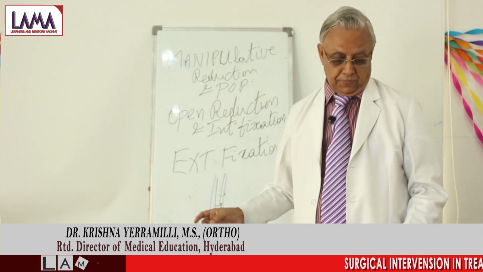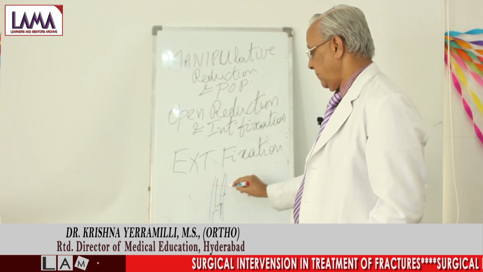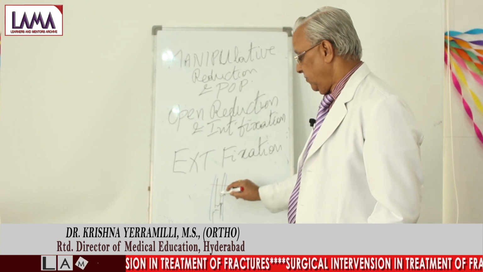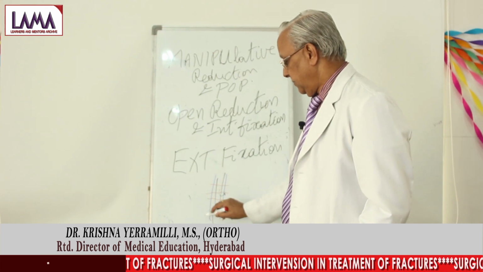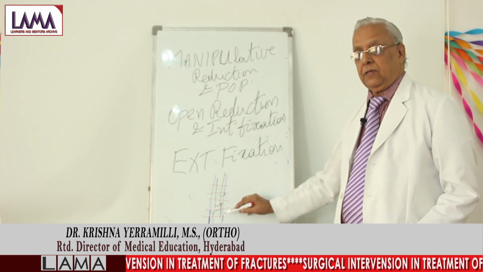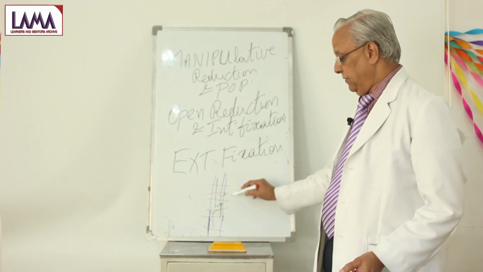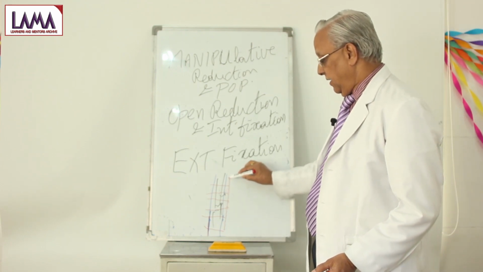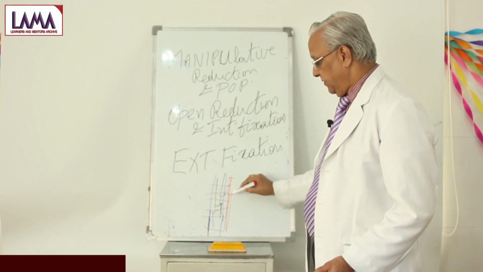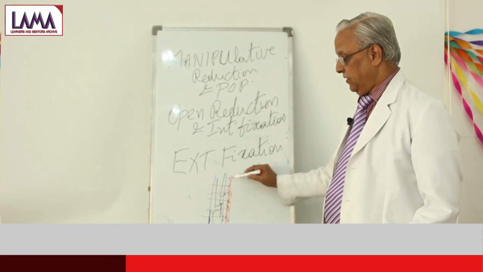What we do here is we pass pins through the skin, through the bone, like this. All these things, you can see here, pins are there. These pins are fixed to an external rod. Various types are there in this. We try to fix them to the external rod.